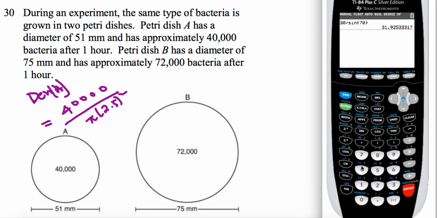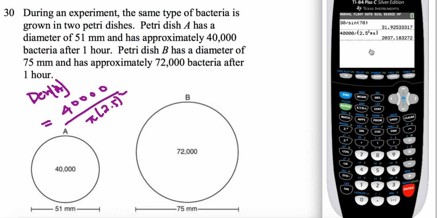So then here we get 40,000 divided by 2.5 squared, and then times by pi. Oh, actually, it's not 2.5.